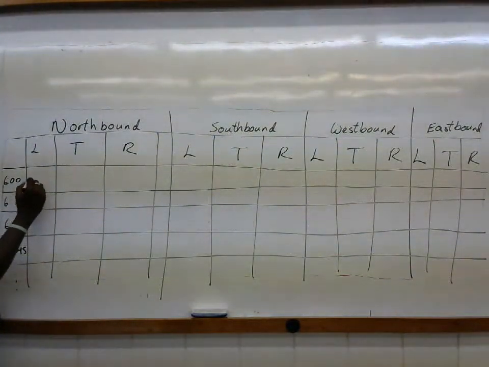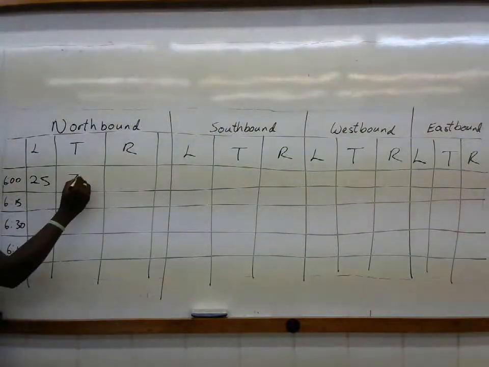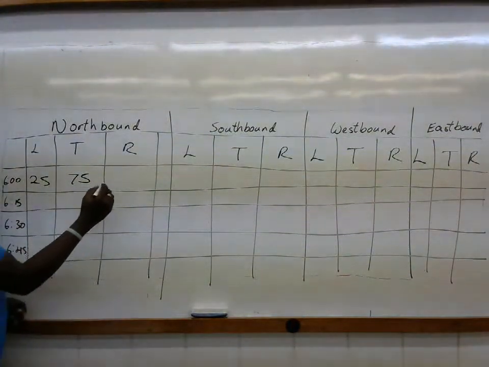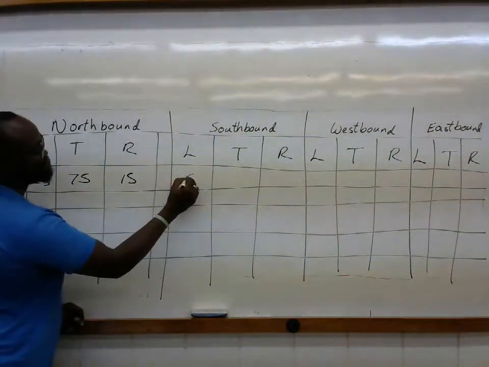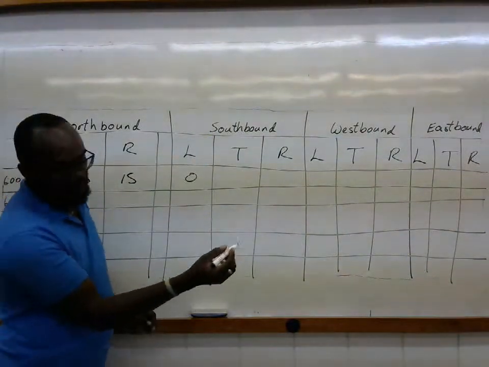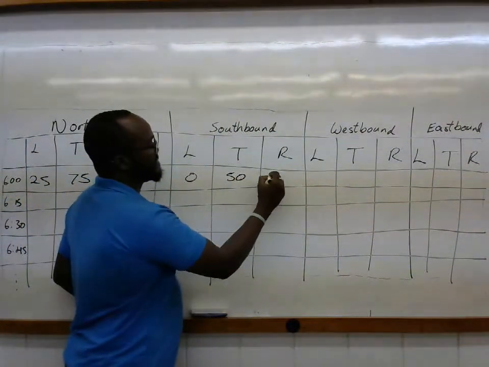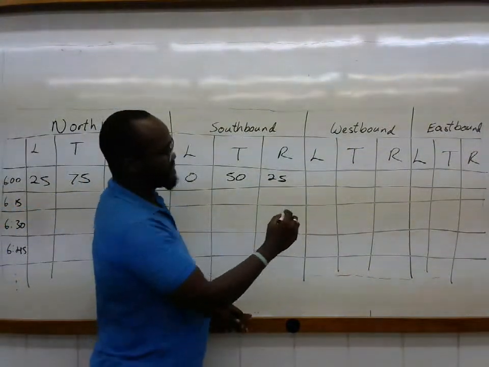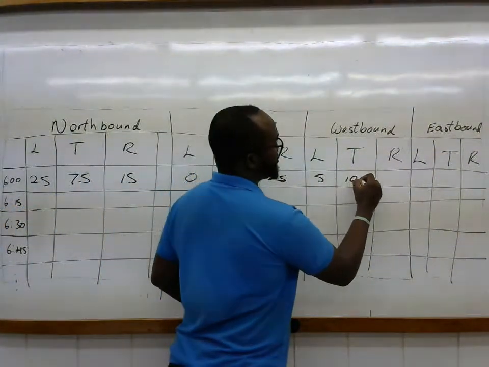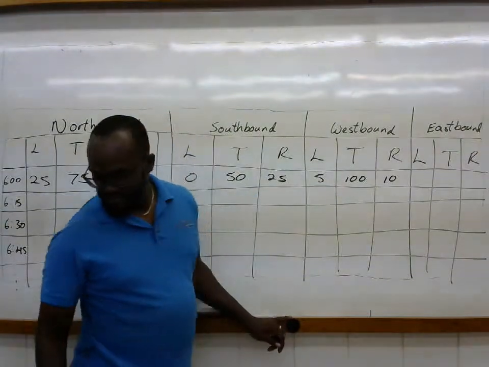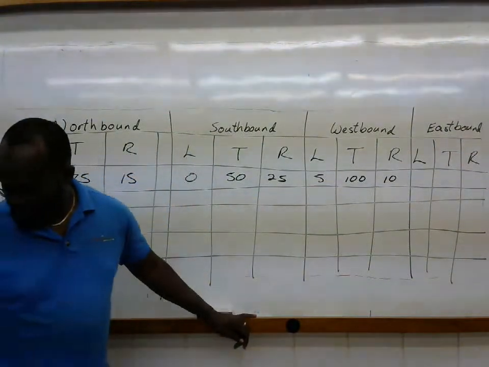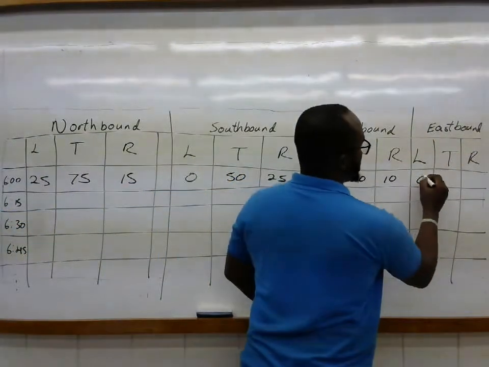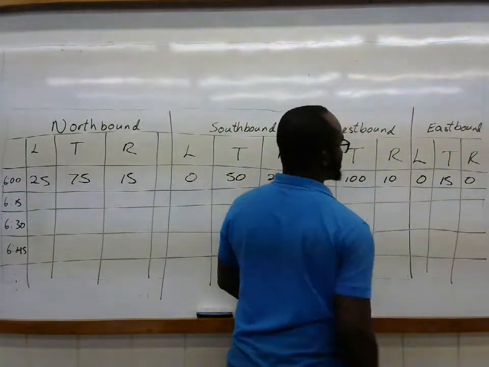So let's use some values: 25, 75, 15, 0, 50, 25, 5, 100, 10, 0, 50, 0.